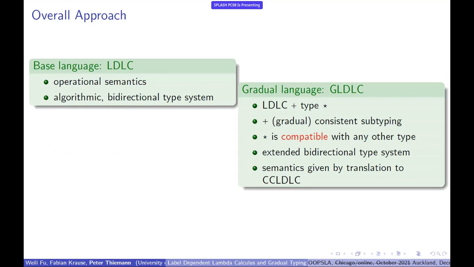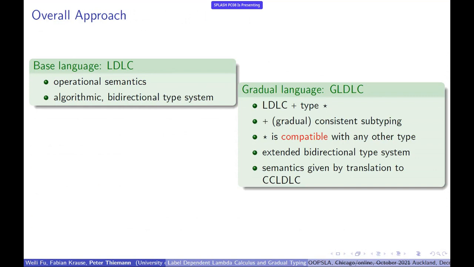So there is a notion which is called consistent subtyping, or let's say gradual consistent subtyping, and that tells you essentially if I'm expecting something of type dynamic, then I can also pass a label, or if I expect something of type dynamic, I can also pass a function or whatnot. So in the gradual language, as I just tried to tell you, the star type, the dynamic type, is compatible with any other type.